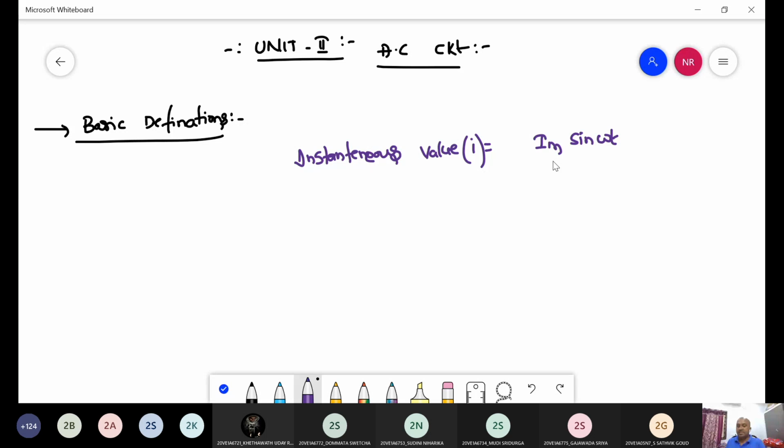Here Im is the maximum value of the current. Omega is equal to 2 pi f.